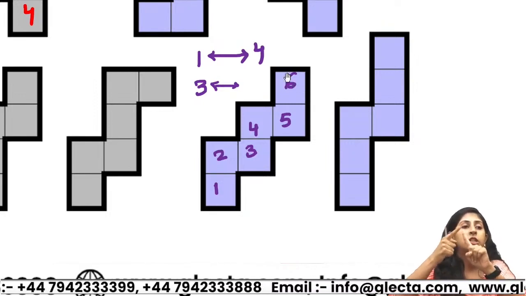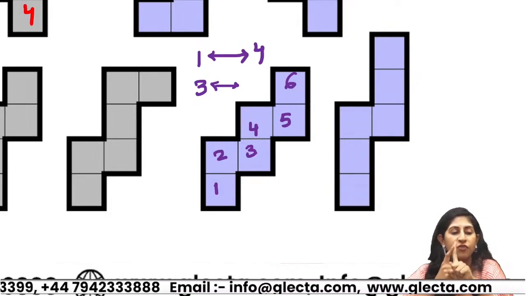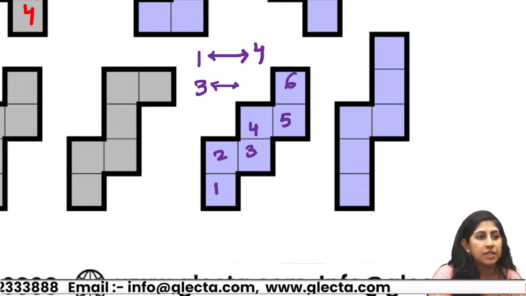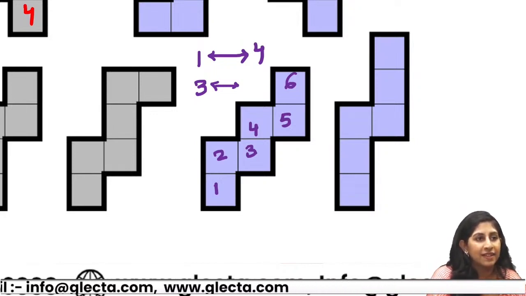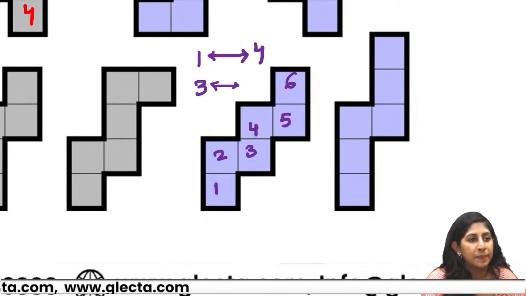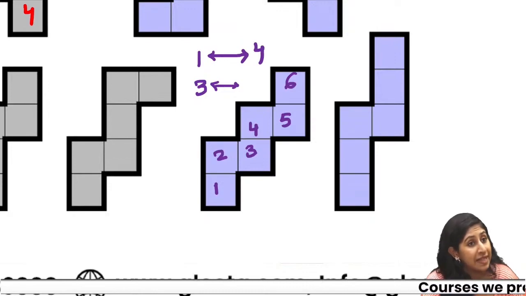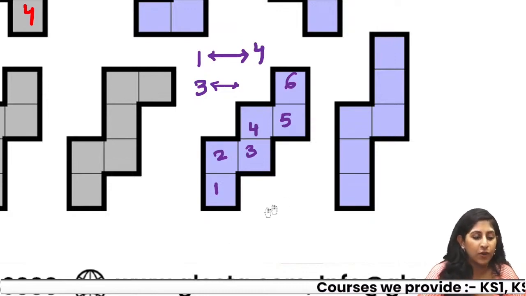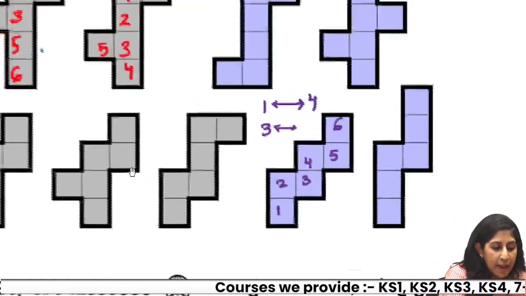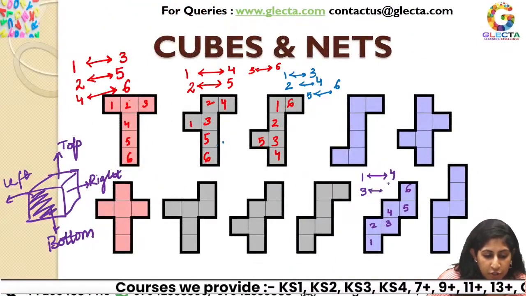See, which particular boxes touch the box of number 3? Yes, Stephen? Is it number 6? Yes, very good. So over here we would be having number 6 for 3.